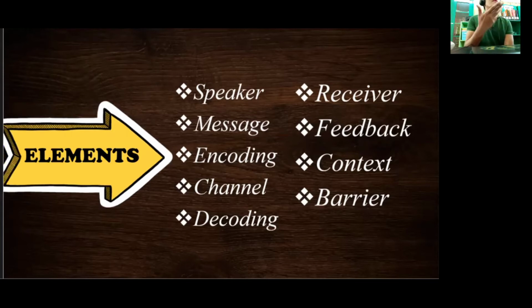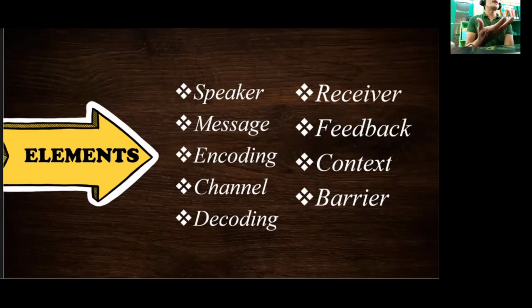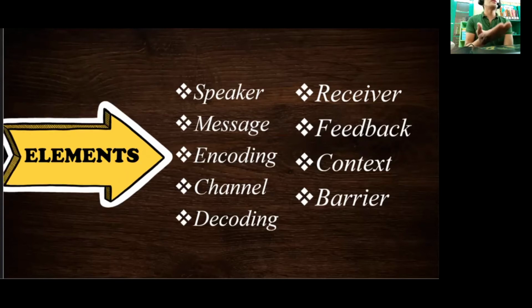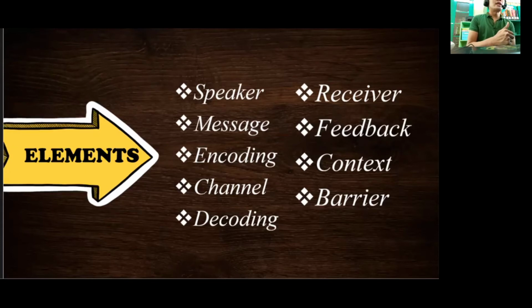We transmit our message in what form? Maybe through our mobile phones or our laptops, with of course an internet connection. That can also be called a channel. We have decoding here. Decoding is the task of the receiver.